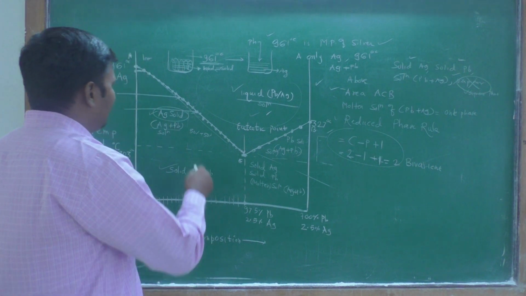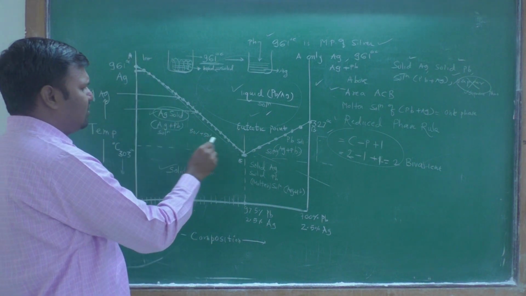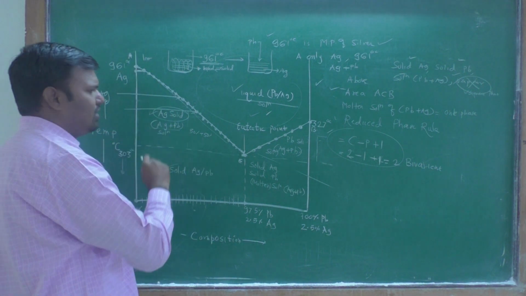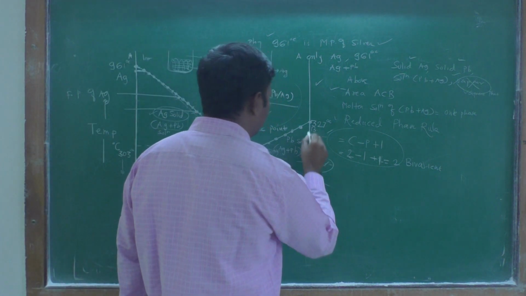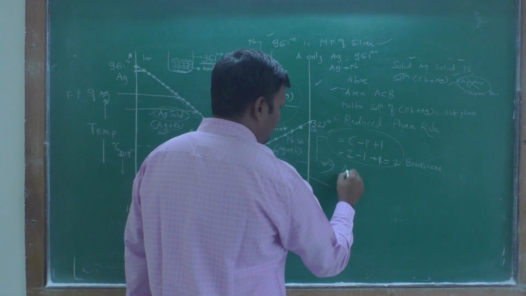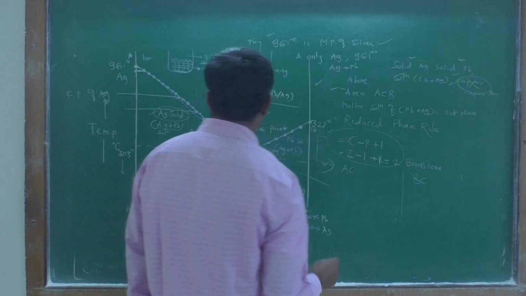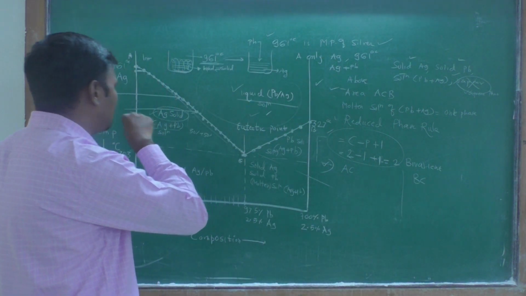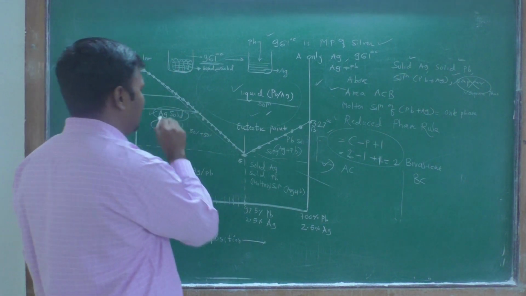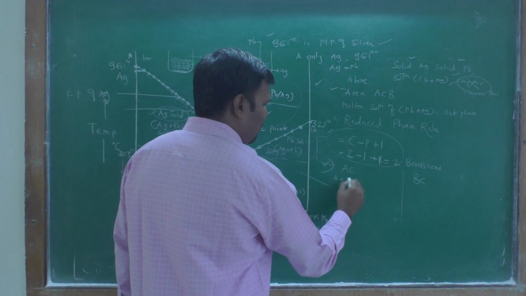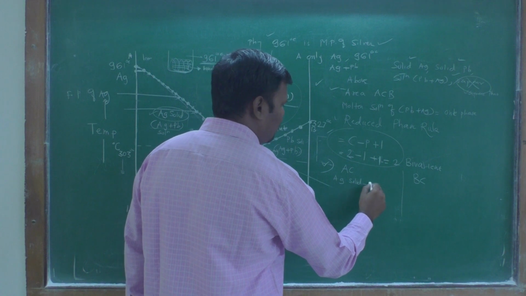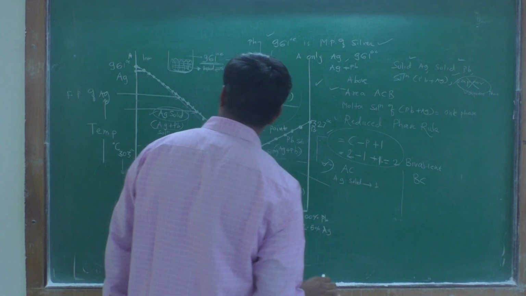Okay, the area below AC, okay, area below AC and BC. Now the area below the BC, there Ag is a solid. Okay, for a solid we have the rule, for a solid one phase is considered.